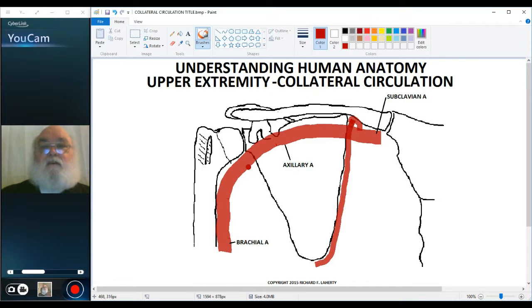And there is a subscapular artery running over to the scapula, and it runs down the lateral border of the scapula. And the subscapular artery anastomoses end to end with the dorsal scapular.